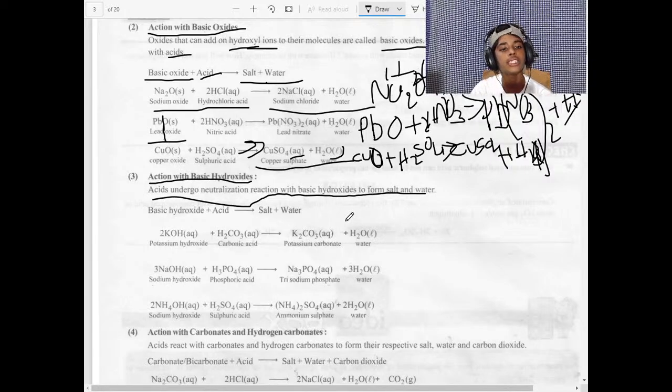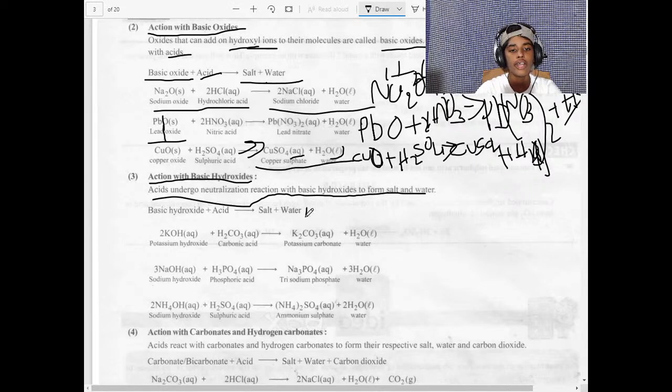First, basic hydroxide plus acid will give salt plus water. This is the important one.